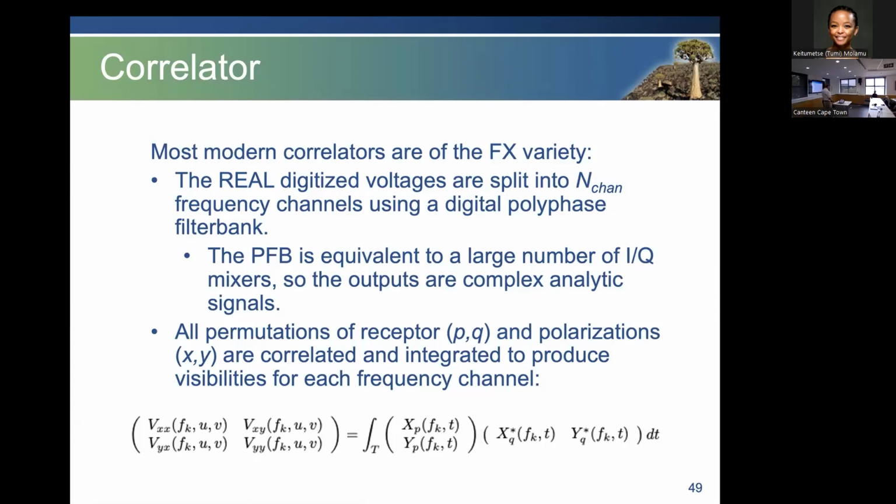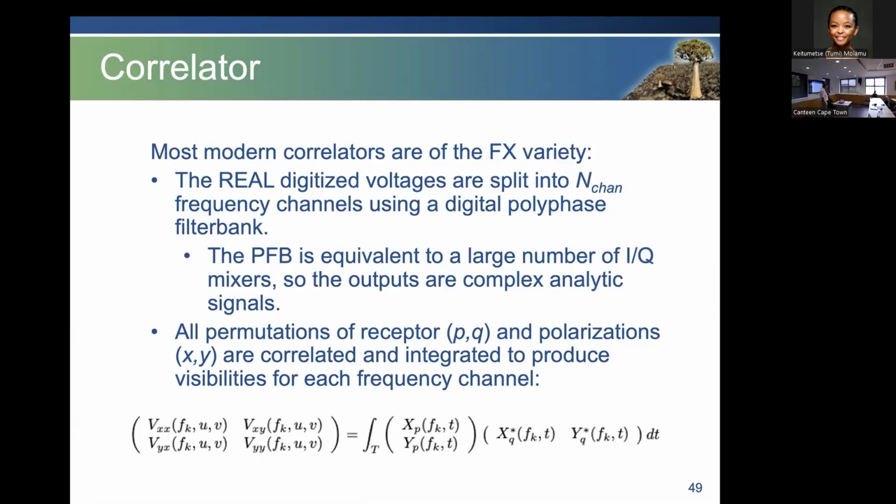And what the correlator does is it does that equation at the bottom there for all permutations of all voltages. So out of each antenna, we're getting 2 voltages, one for each polarization. Then the correlator takes all pairs of antennas and correlates all pairs of those voltages, including the same antenna. So the autocorrelations are where you take the signals from the same antenna and apply them to each other.